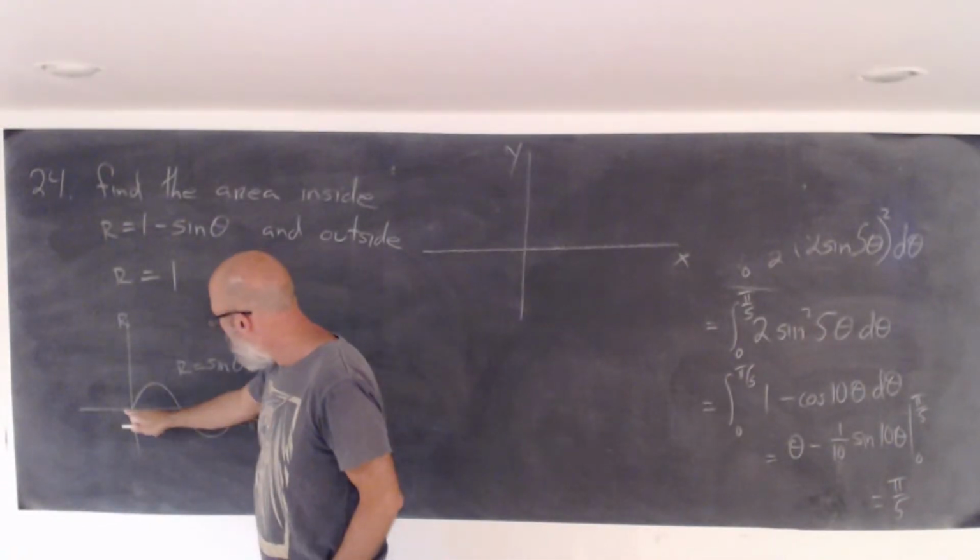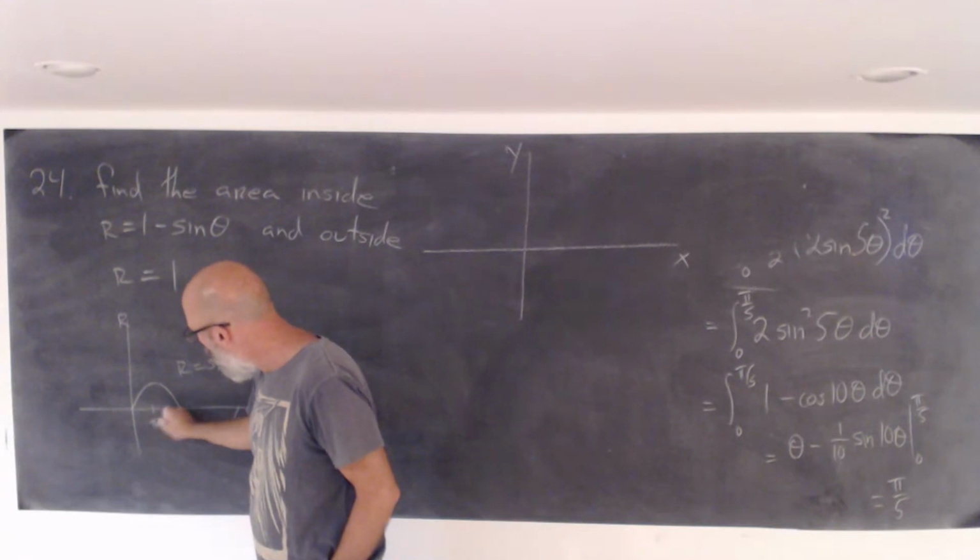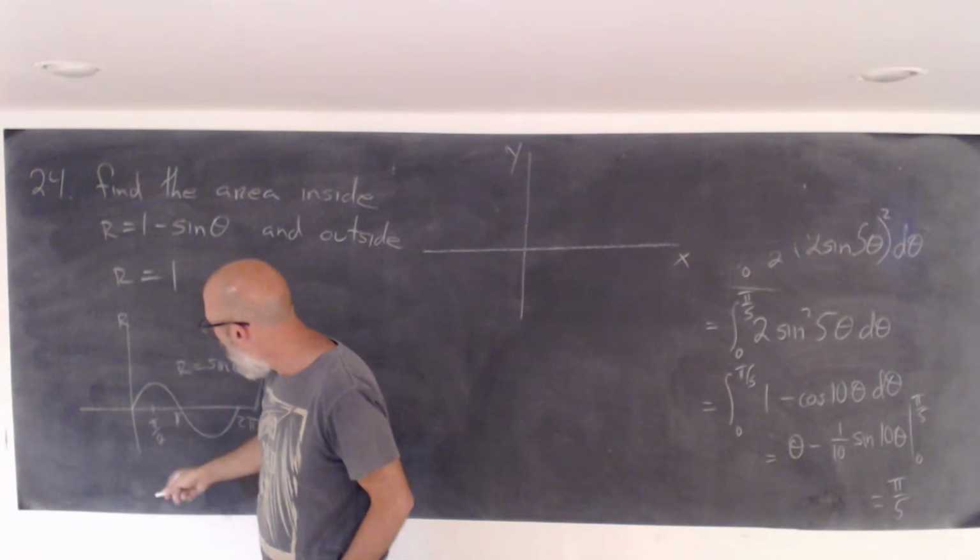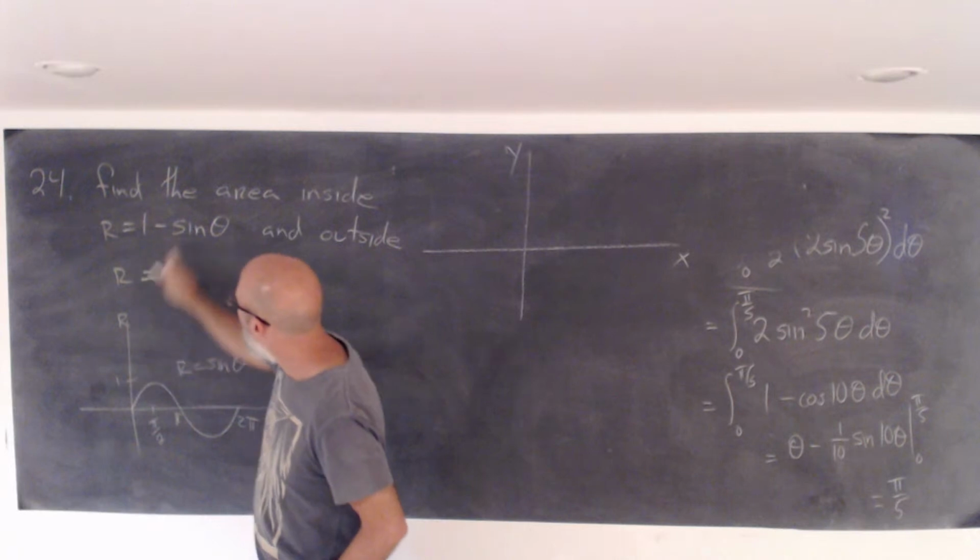So sine starts at 0 and goes all the way to 1 at pi over 2.